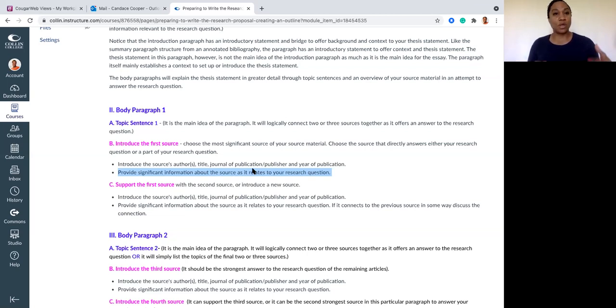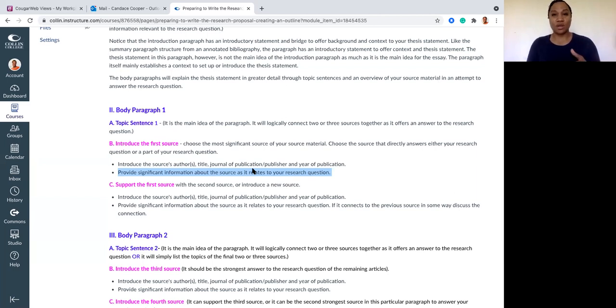And you want to make sure that you introduce your sources. The reason I hammer down on that is because if you ever got into a sticky situation where you were called to the dean of students office for plagiarism, you would have a stronger leg to stand on if you at least introduced your sources, so that you made some attempt at giving credit to the author.